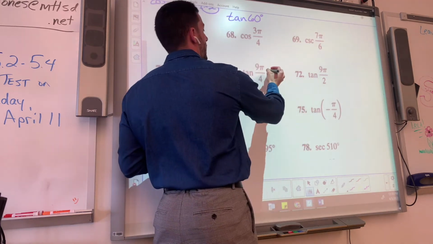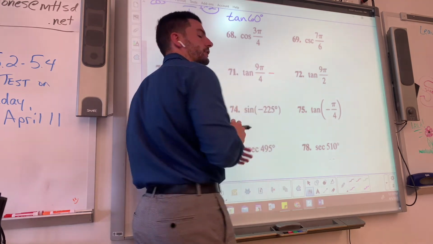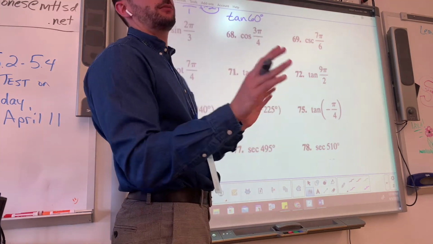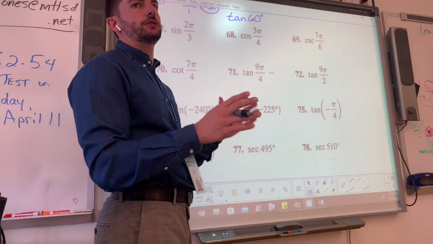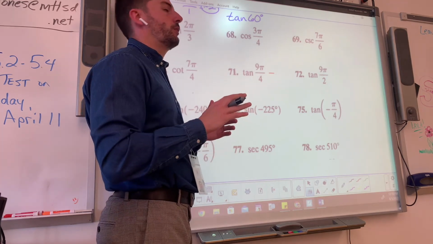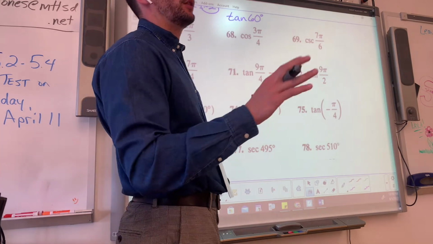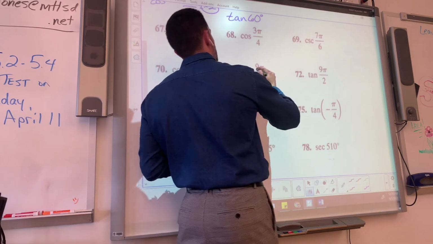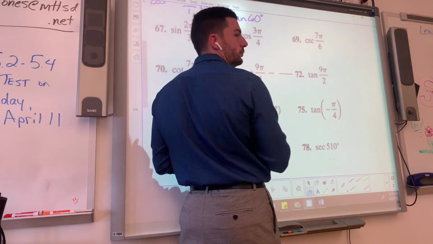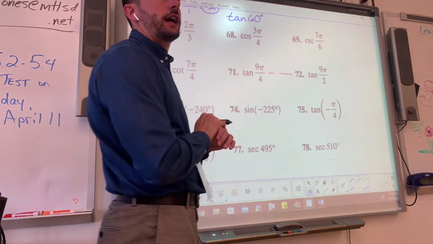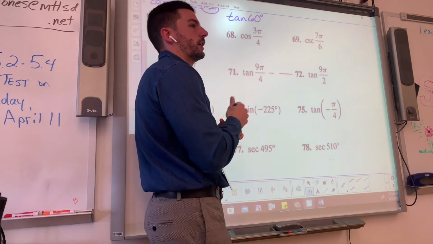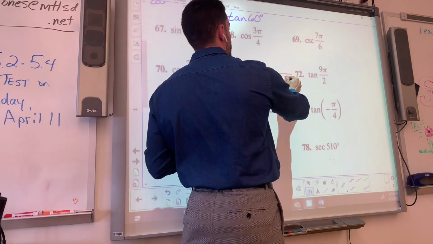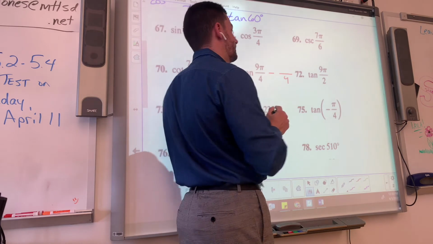Okay. So for 9 pi over 4, and again, just as we're dealing with radians, just a reminder, you can always convert these to degrees, multiply by 180 over pi. Okay, if you don't like dealing with all this fraction business. So yeah, for subtracting 2 pi, again, this is a fraction, so we need to think like, okay, if I'm subtracting a fraction minus something else, I would want it to have a common denominator.